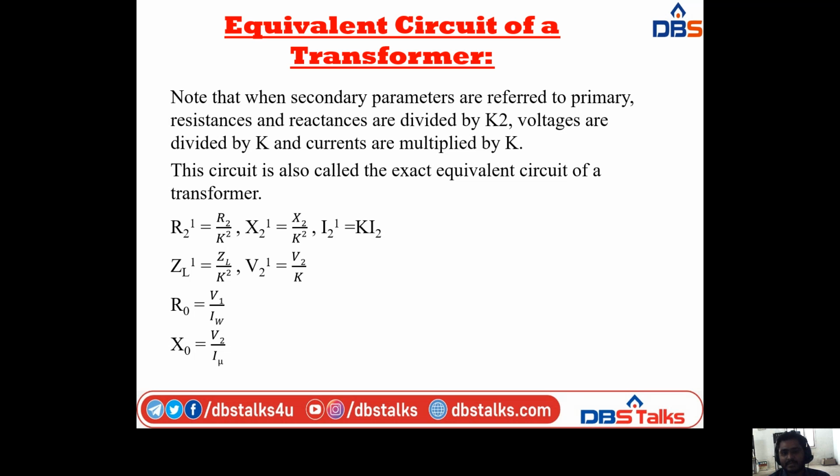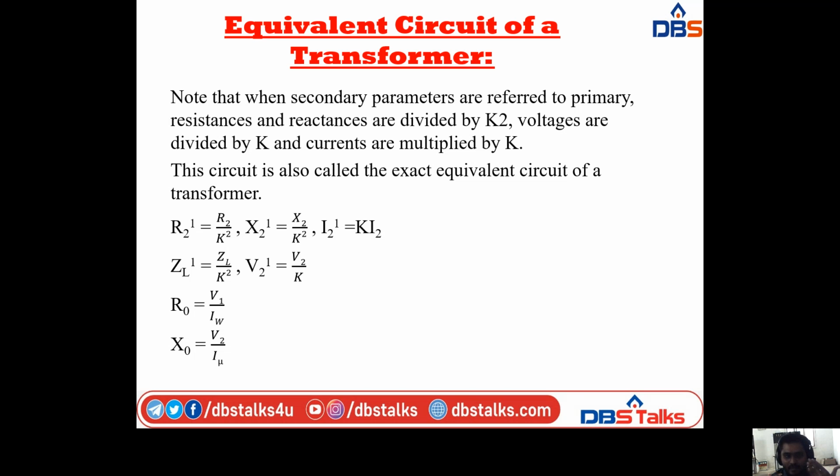When secondary parameters are referred to primary, resistances and reactances are divided by K square, voltages are divided by K and currents are multiplied by K. This circuit is also called the exact equivalent circuit of a transformer.